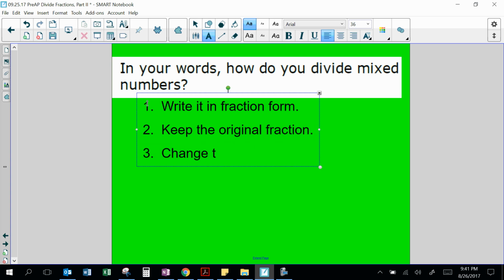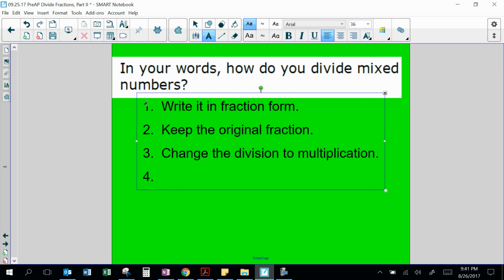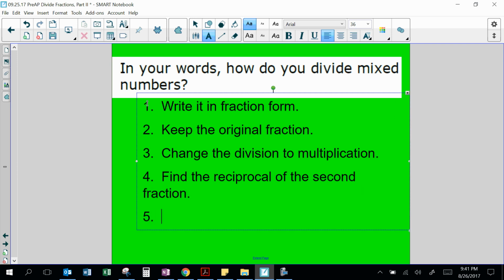You change the division to multiplication. And then next thing is you find the reciprocal of the second fraction. And in step 5, you multiply across and simplify if needed.